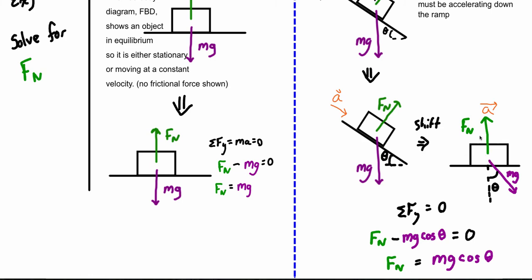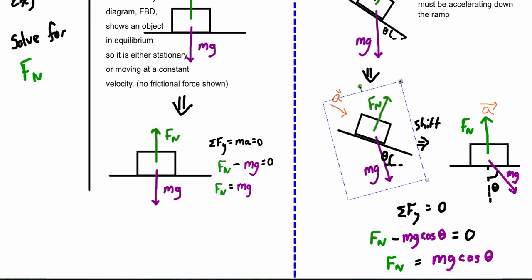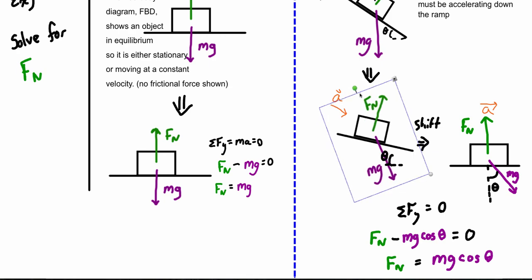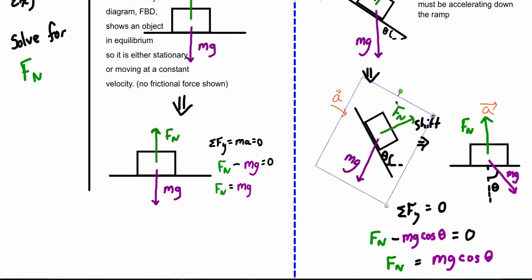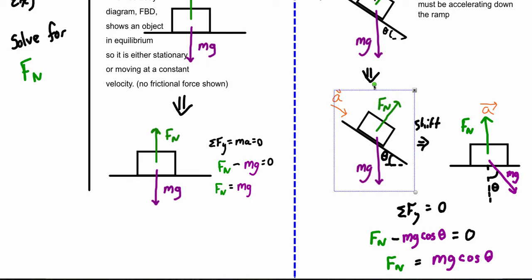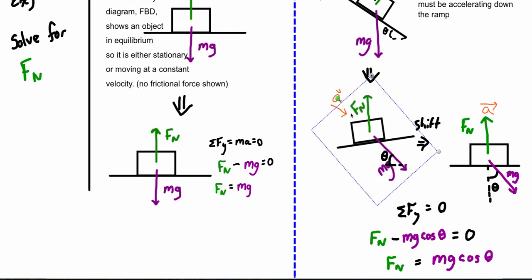In this case, we're isolating the normal force. So by doing the shift, if I shift this down, and maybe you can see what's going on, I'm shifting this whole thing down to make it horizontal. And when I shift it down, you can see my weight is now going to the right.